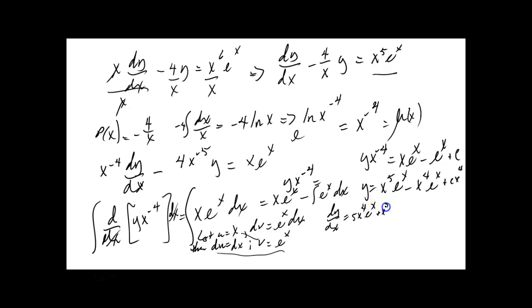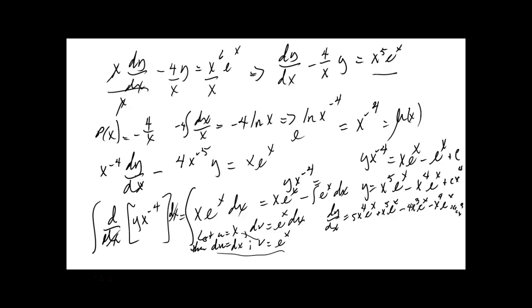Plus x to the fifth e to the x, that's the second half of the product rule, minus 4x cubed e to the x, minus x to the fourth e to the x, two product rules there, and then the last is just plus 4c x cubed.